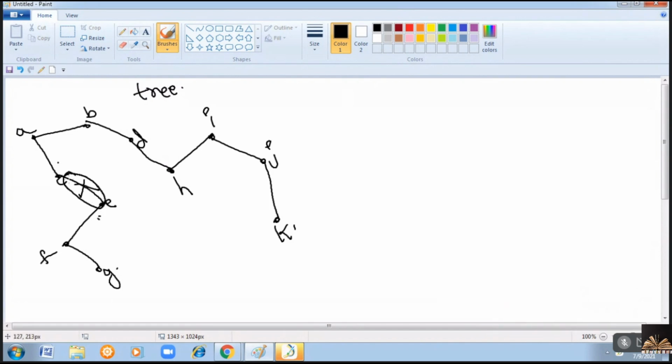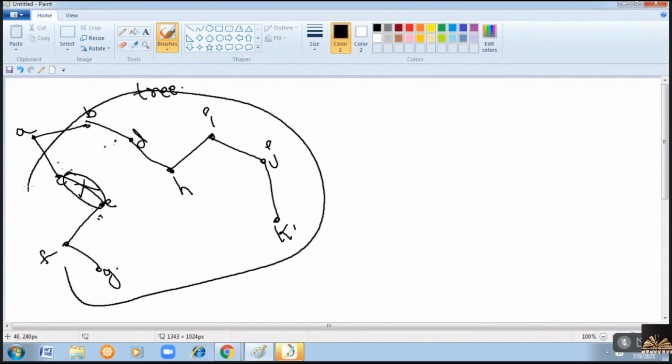So that means this tree has been divided into two connected components. Two different connected components, or you can say two different trees. So the union of these two trees, you can call it a forest.